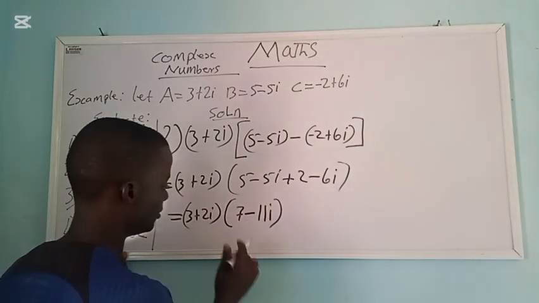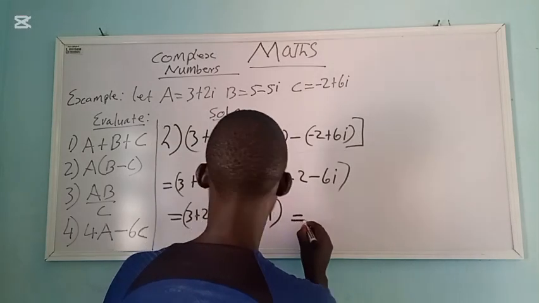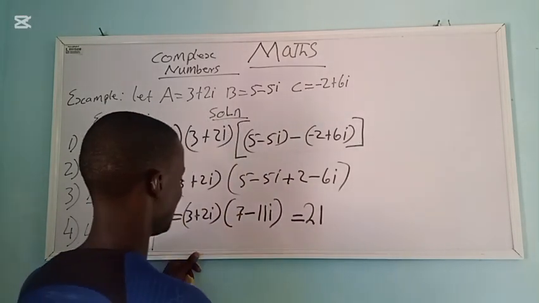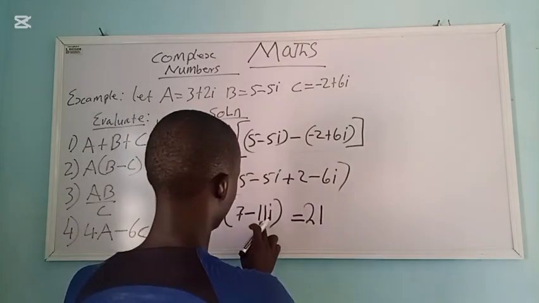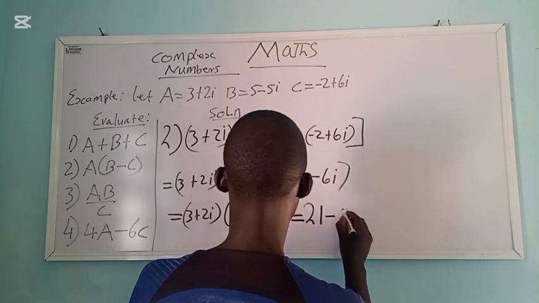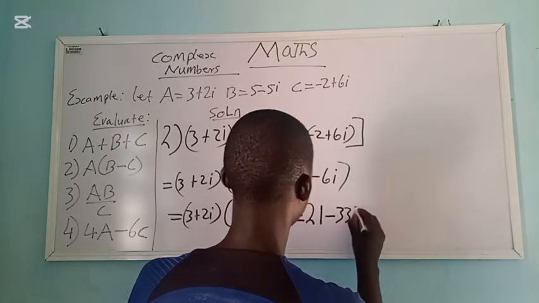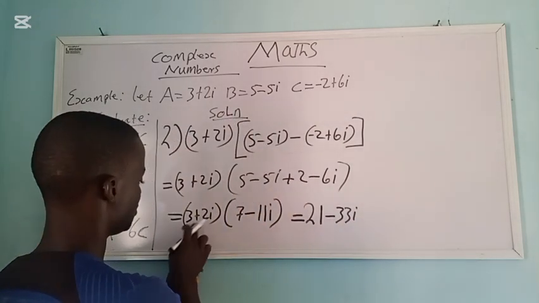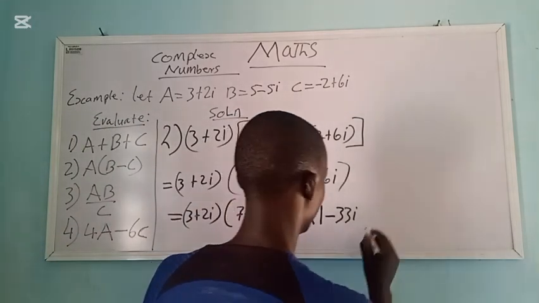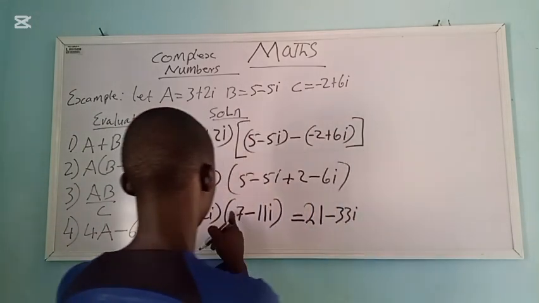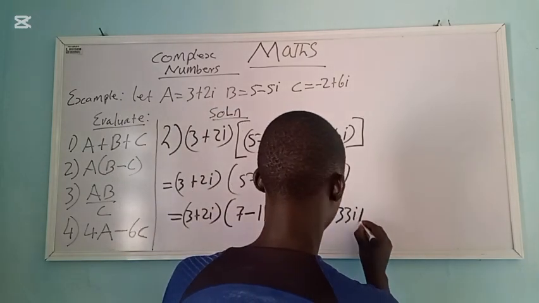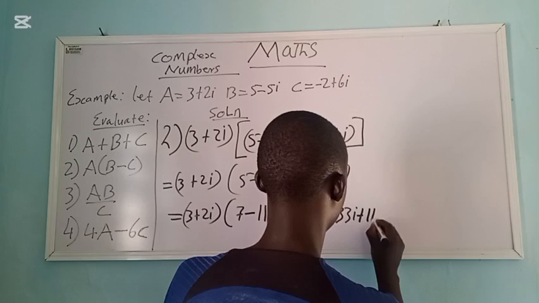So now multiply this 3 times 7, we have 21. 3 times 11i, we have minus 33i. So I'm done with this part. Let me go back to this 2i. 2i times 7, since this 7 is plus and this one too is plus, we'll make use of the plus, that is 14i.